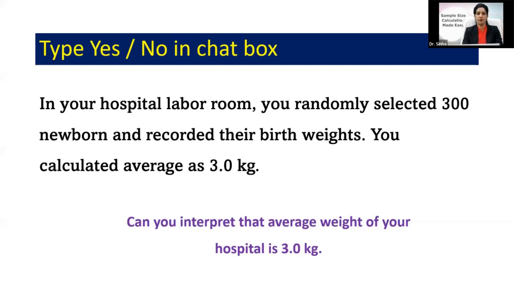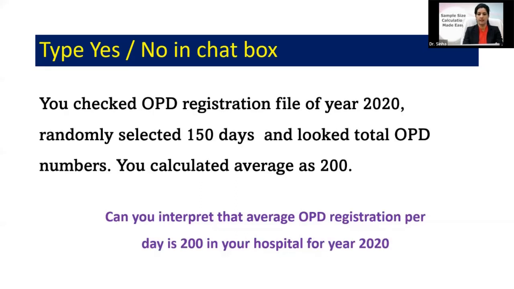Many of you have raised the question of how do you know whether this 300 is adequate or not. But one thing is sure, as you move from left to right, let us see this example once more. You check the OPD registration file for the year 2020 and randomly select 150 days out of 365 days.